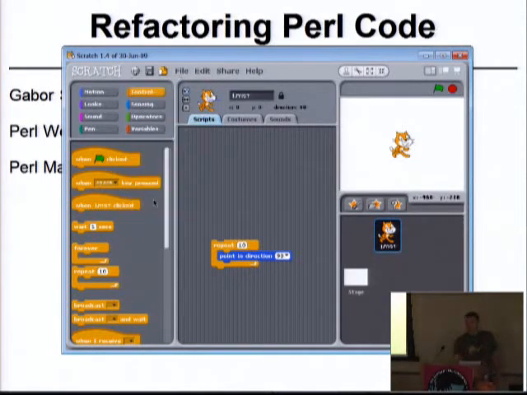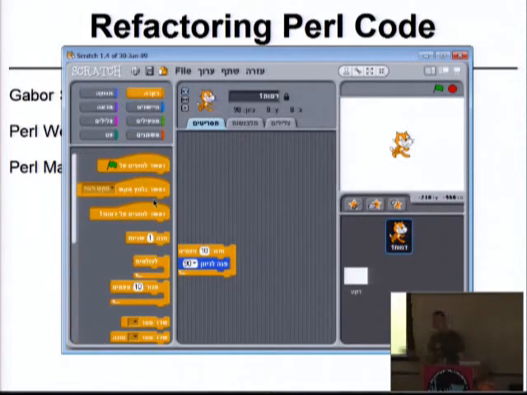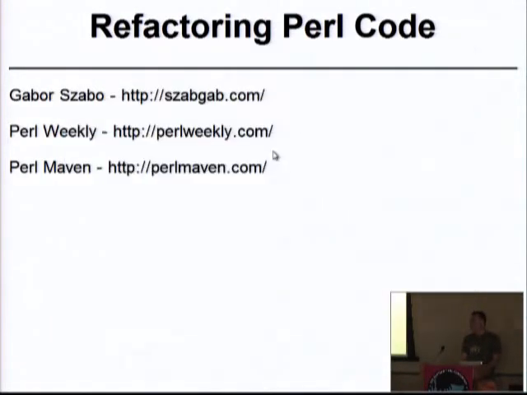Let's speak Hebrew. So it will change the text and the direction of the little thing. So I think it's great, especially for kids who don't speak English, and you don't want them to have that disadvantage as well when they're trying to start to program.